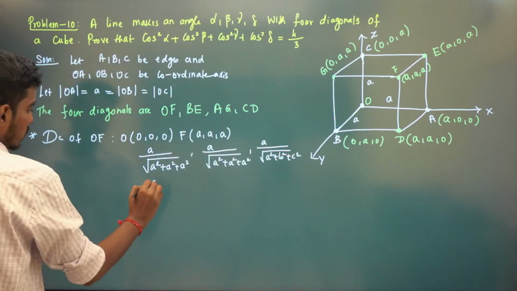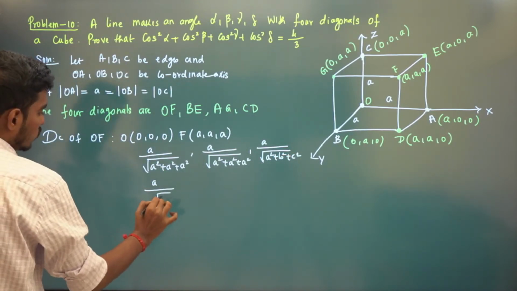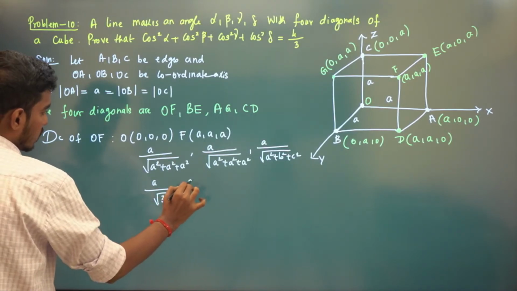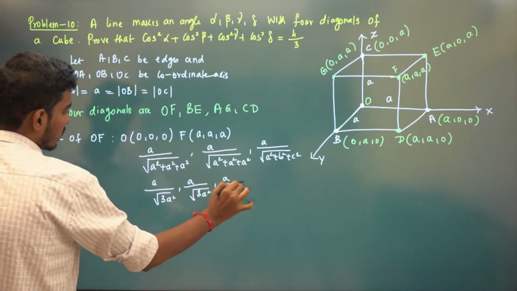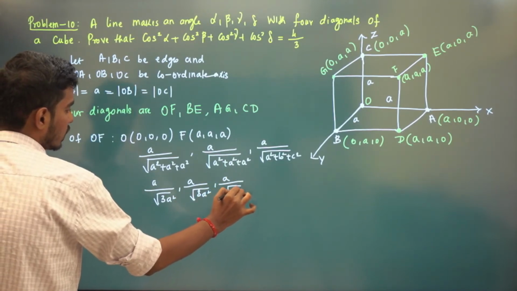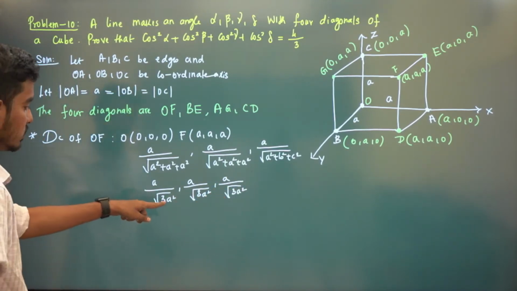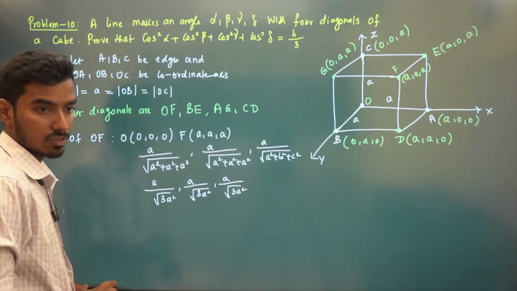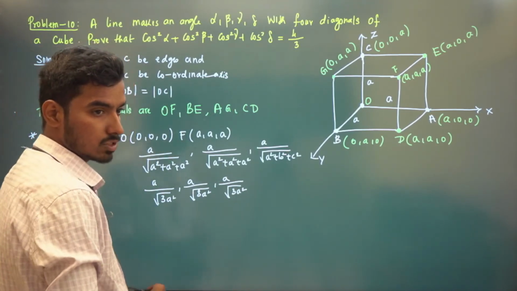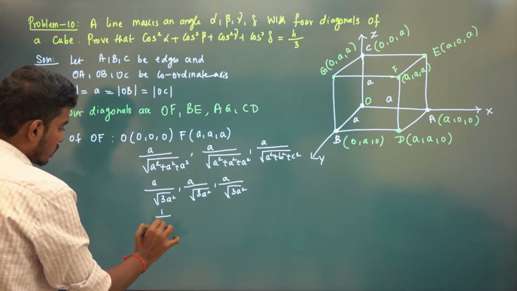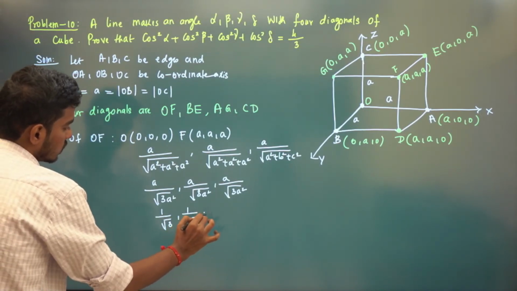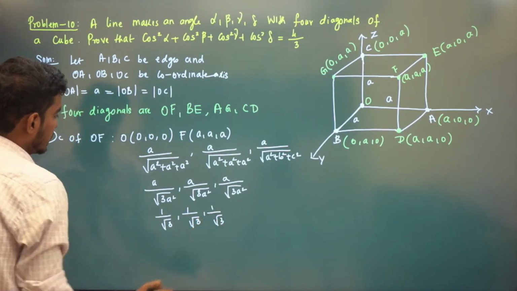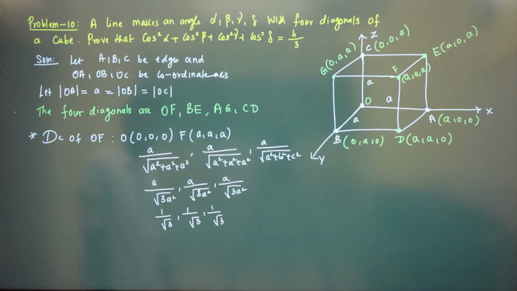So we have a divided by root of 3a square, a divided by root of 3a square, a divided by root of 3a square. This is the same, as a will get cancelled if I take a square outside. So we have 1 by root 3, 1 by root 3, 1 by root 3. This is the direction cosine of OF, right?